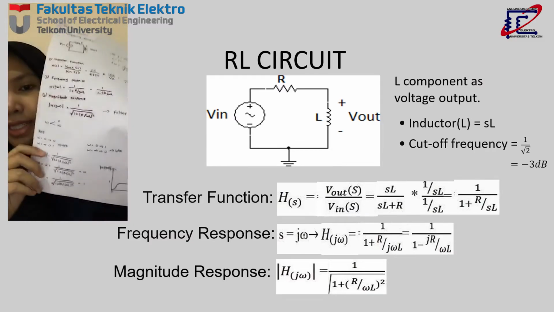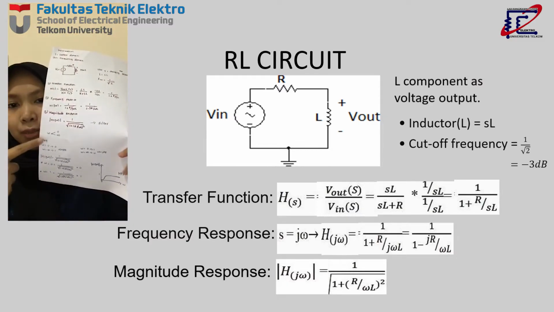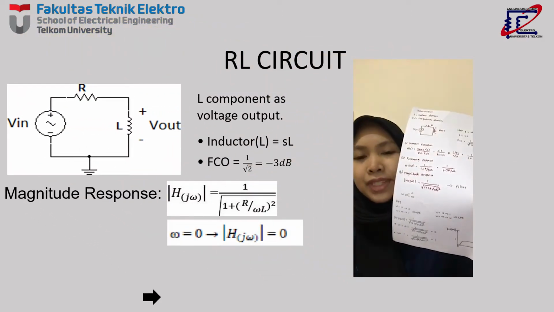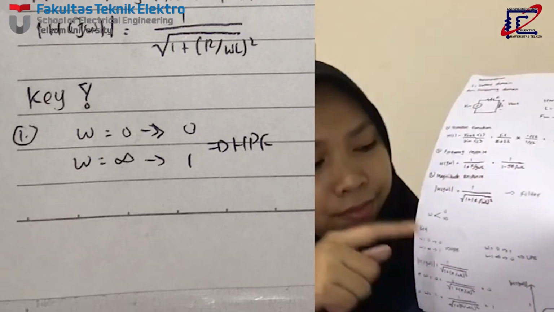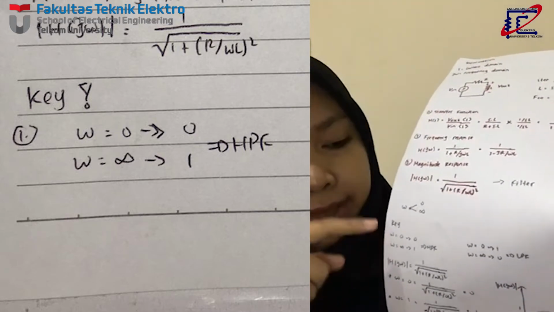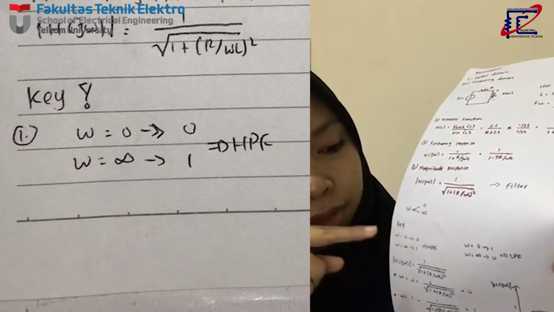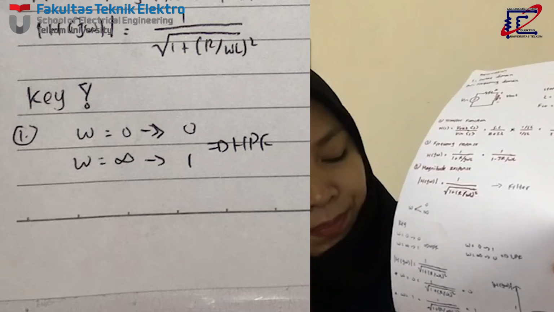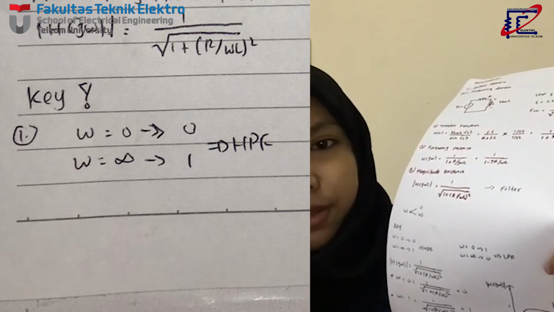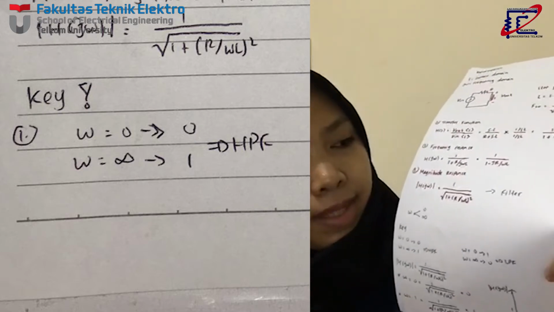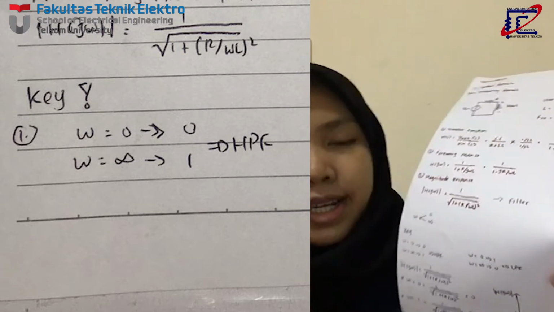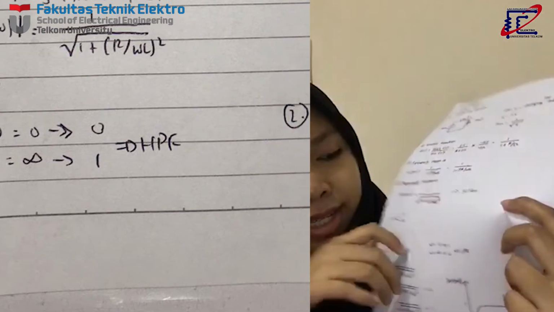Here we input the omega values 0 and infinity. First, if we input omega is 0, then the magnitude response is 0, and if we input omega is infinity, then the magnitude response is 1, so we get a high-pass filter.